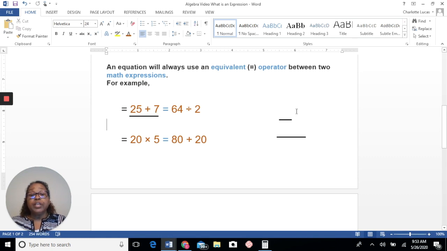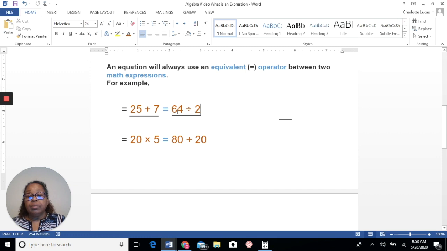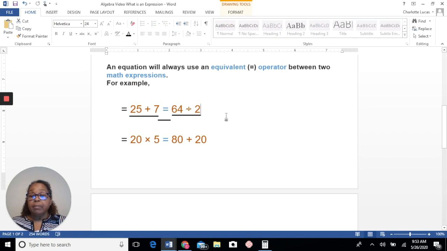So here we have another expression: a number, the operation, which in this case is division, and another number. We have two expressions, and in between is your equivalent operator, which is your equal sign.